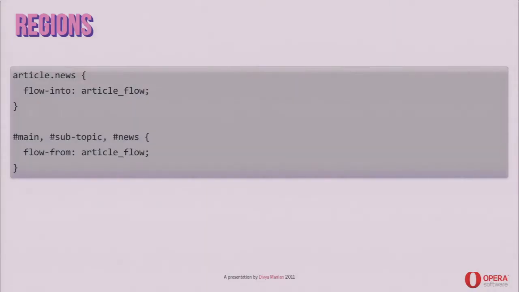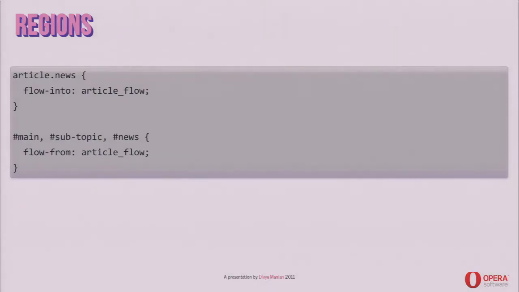So the way it works is, first you need to have a uniquely identifiable named flow. So for example, in here, the named flow is called article_flow. And then we have to select which elements, the content of those elements, need to go into that flow. So for example, what I have here, I say that an article with a class name news, the contents of that element needs to be part of this flow.